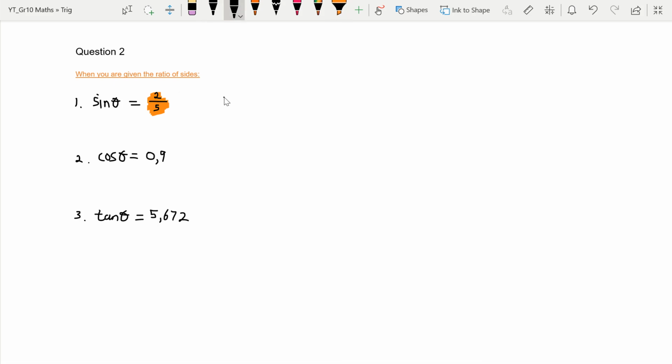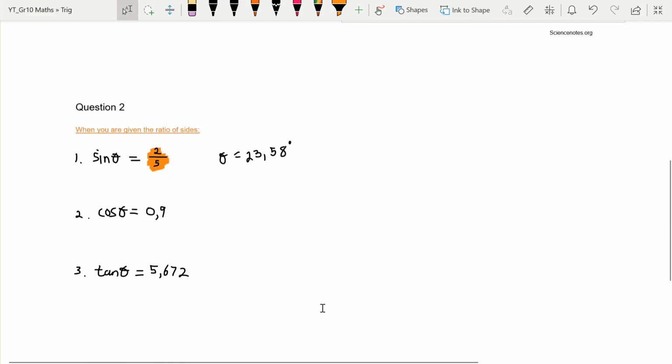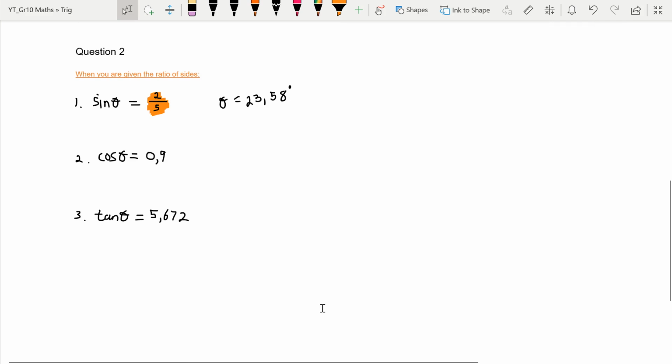So therefore, in this case, our theta would be 23.58 degrees. I rounded that off to 2 decimal places. Okay, let's look at the next two. Again, grade 10s, you are given the ratio of sides, so you need to make sure that you let your calculator know. So you're telling your calculator, shift cos. I'm giving you a ratio of sides.